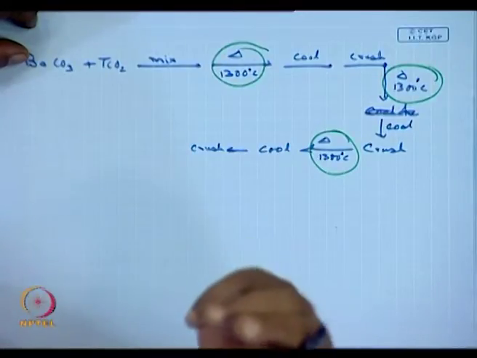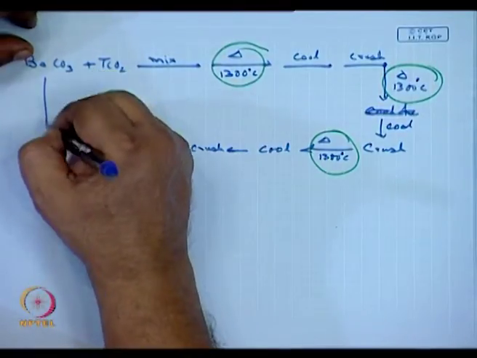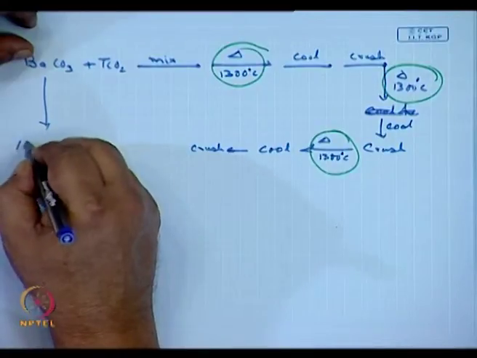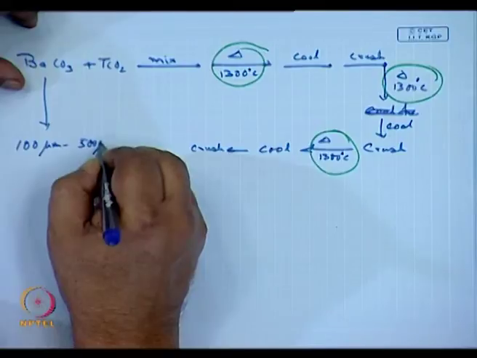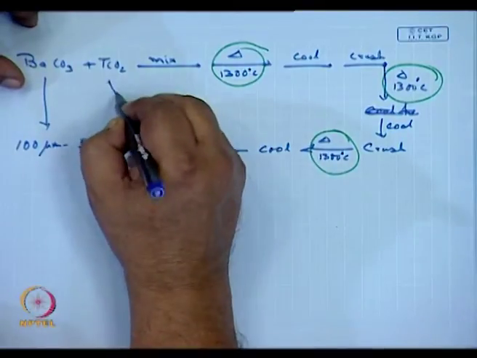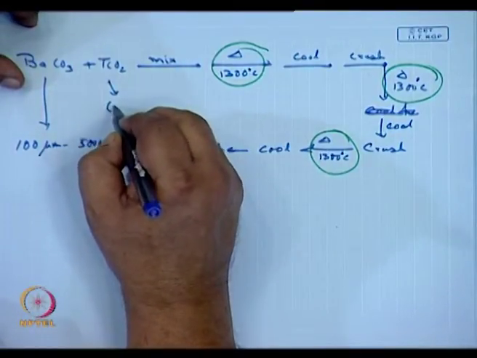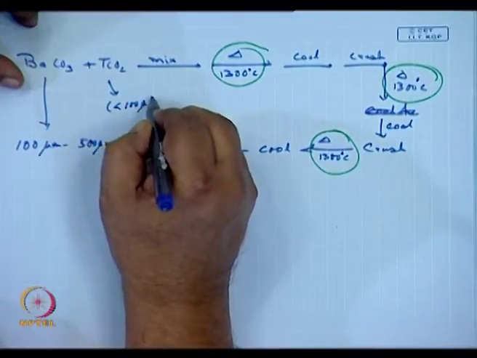The reason is simply this. The barium carbonate which I have taken normally has a particle size in the range of 100 micron to 500 micron, while the titanium dioxide is normally less than 100 micrometer.